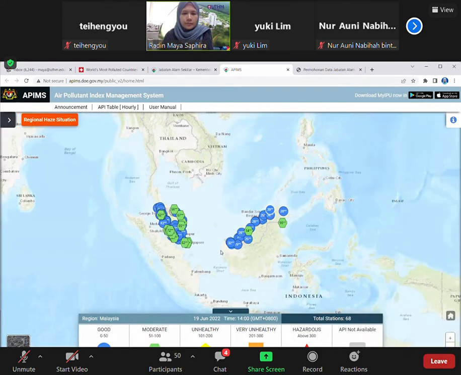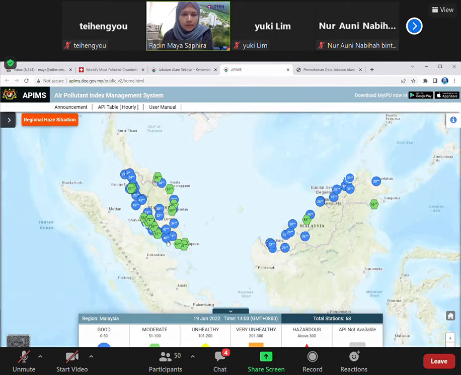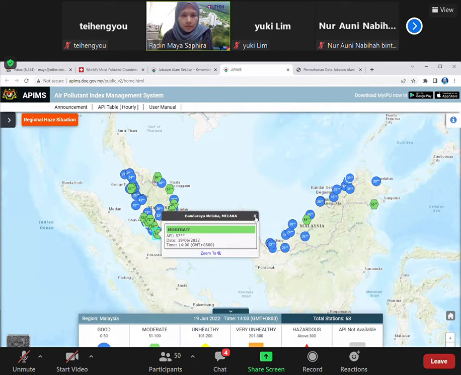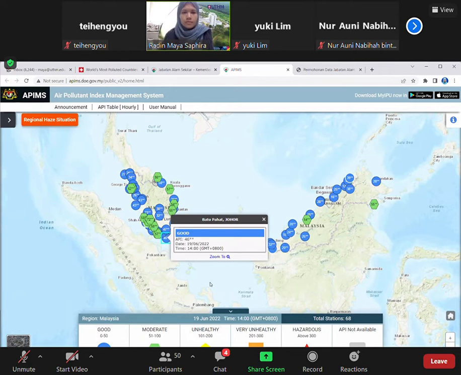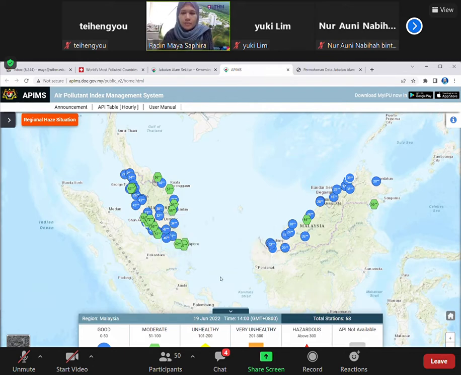So this is the real time. Where do we live? For example, here. Where is this? This is Melaka, Melaka is moderate. At 46 here it is good, so the air quality is good. So Kai, where is this now?